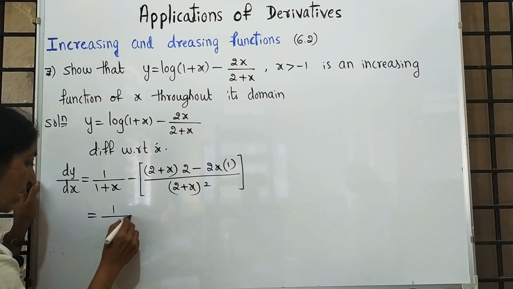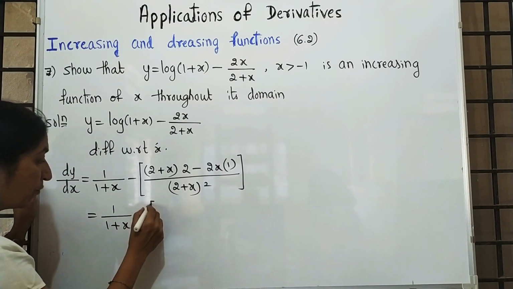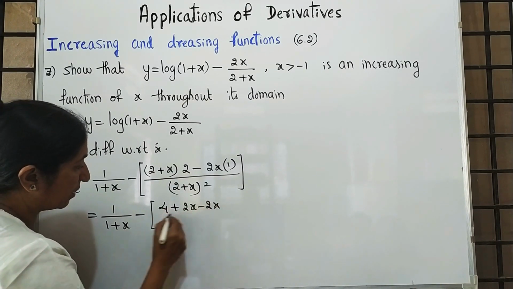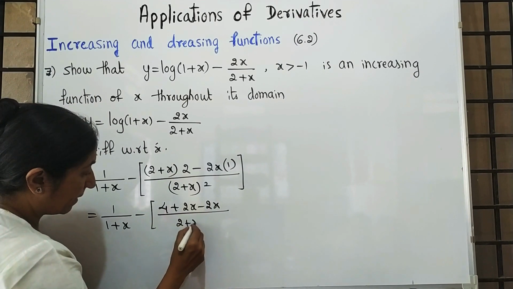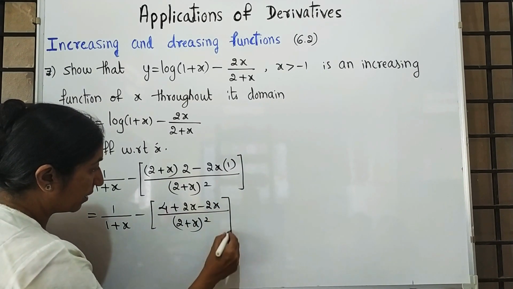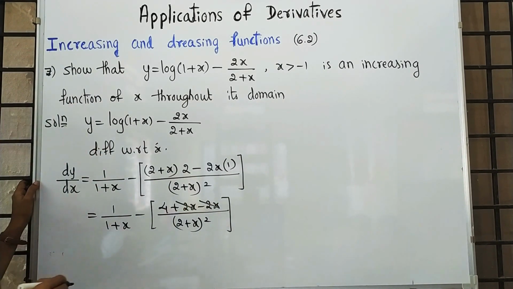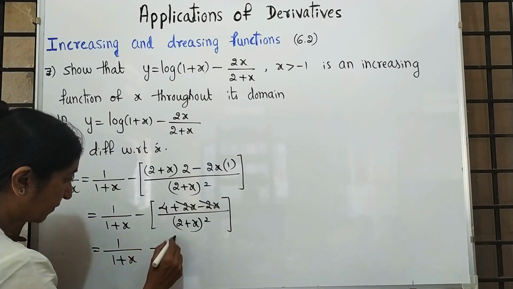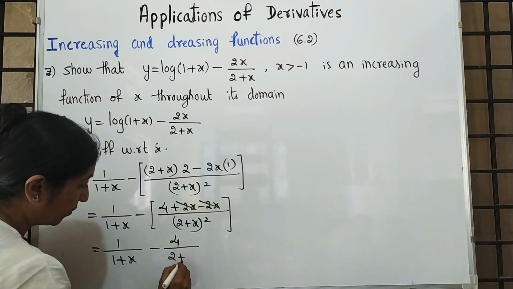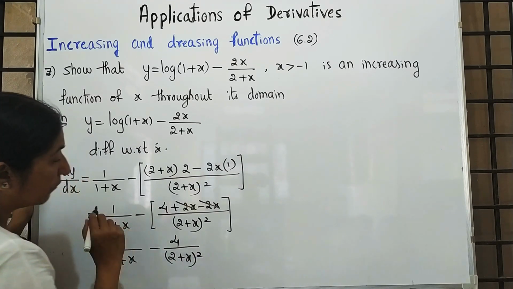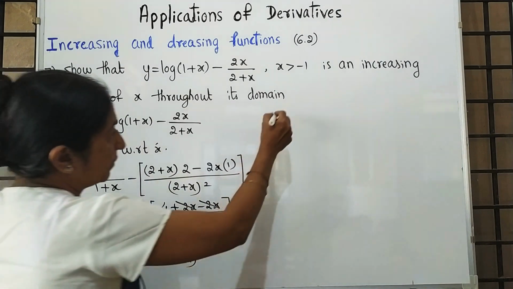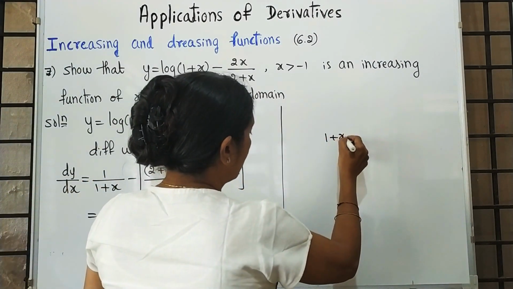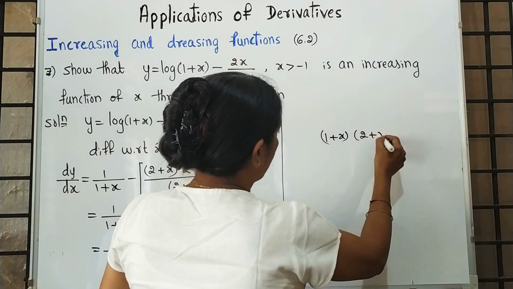So it is 1 upon 1 plus x minus, remove the bracket, 4 plus 2x minus 2x divided by 2 plus x whole square. Plus 2x minus 2x get cancelled. Now it is 1 upon 1 plus x minus 4 upon 2 plus x whole square. First simplify it by taking the LCM. Yes, what is the LCM? It is 1 plus x into 2 plus x whole square.